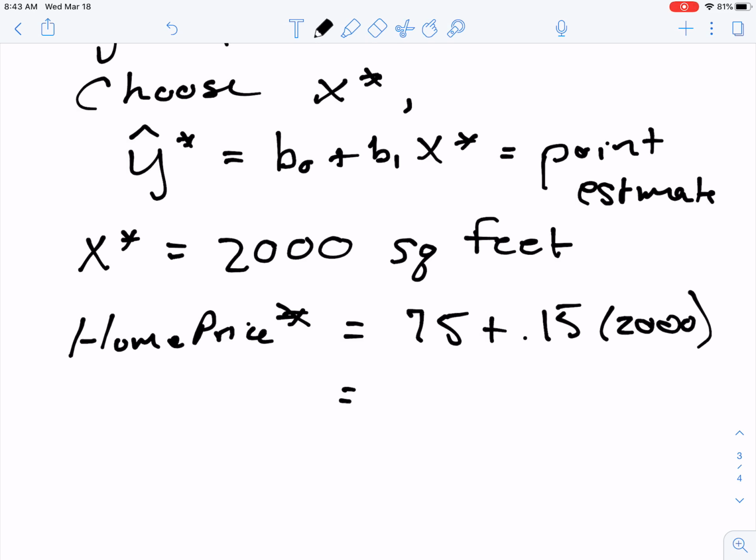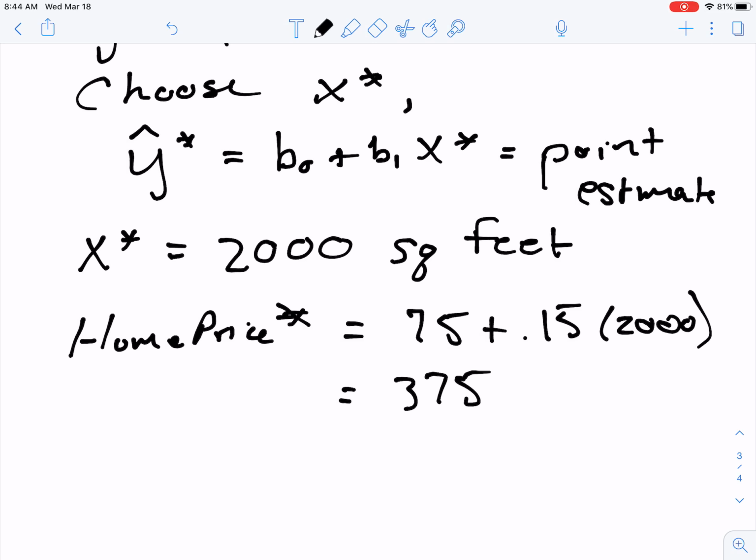And if we crank that out, we get 375. So our point estimate for houses of size 2,000 square feet is that those houses will be worth $375,000. Because remember, these are measured in thousands of dollars. So for the point estimate, you just plug in the x value that you want the y value associated with. So there is a point estimate for houses of 2,000 square feet.